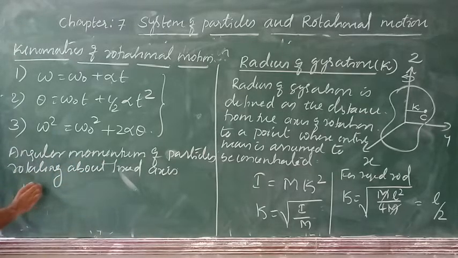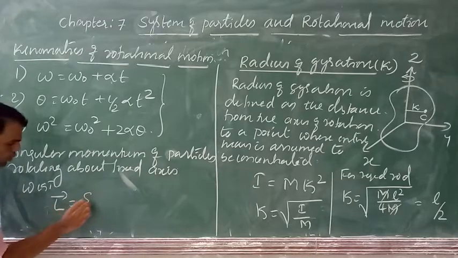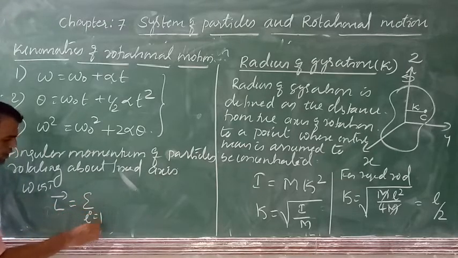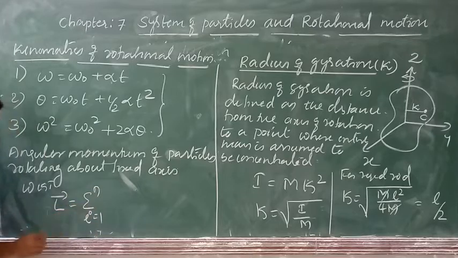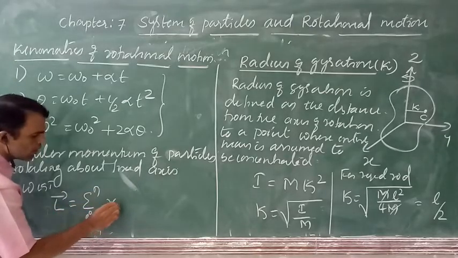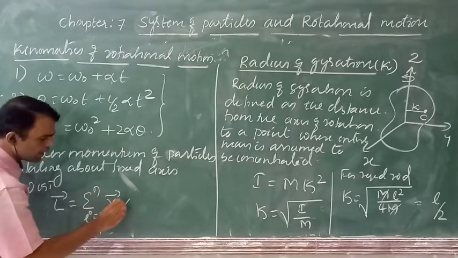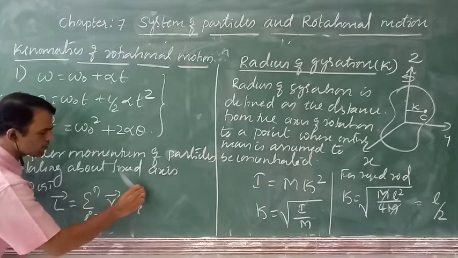We know that the angular momentum of a system of particles is given by vector L is equal to summation of i is equal to 1 to N of vector Ri cross vector Pi.